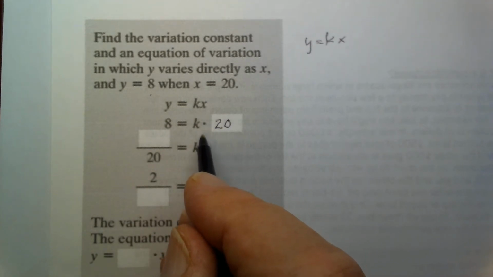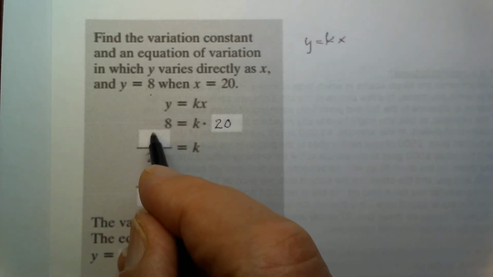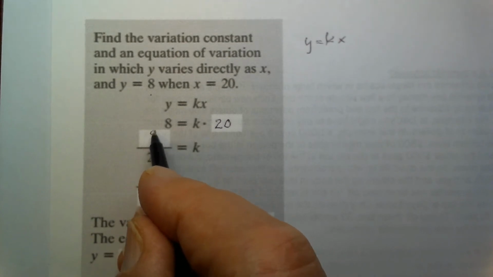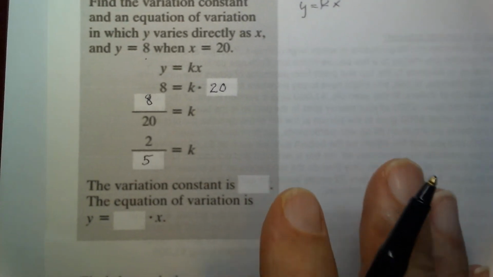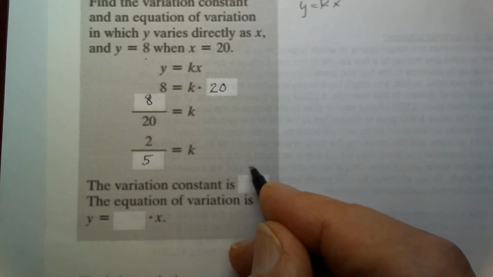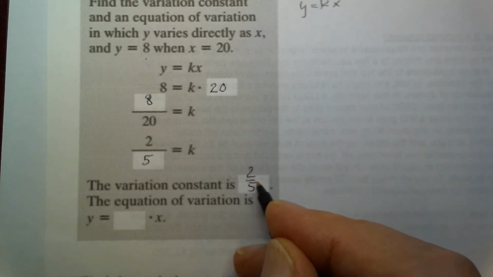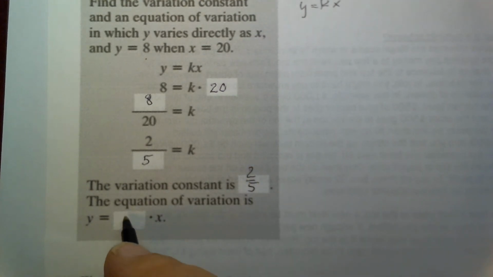So we divide both sides by 20, so k is 8 divided by 20, or k is equal to 2 divided by 5. So the variation constant is 2 divided by 5, and the equation of variation is y equals 2/5 times x. So it's very straightforward.